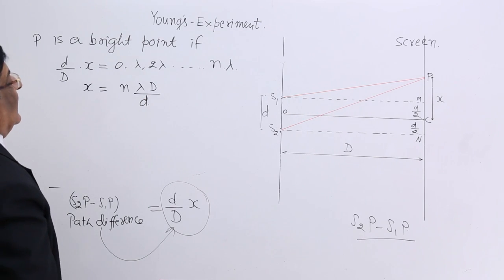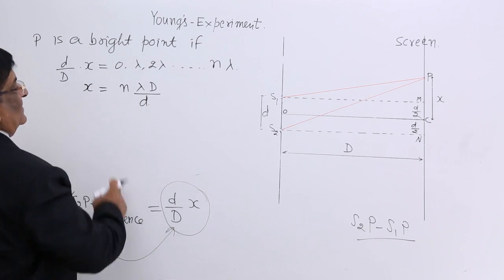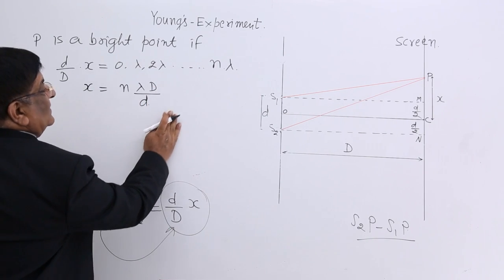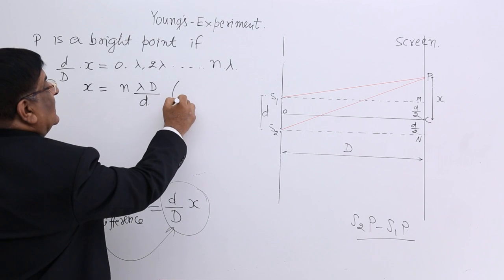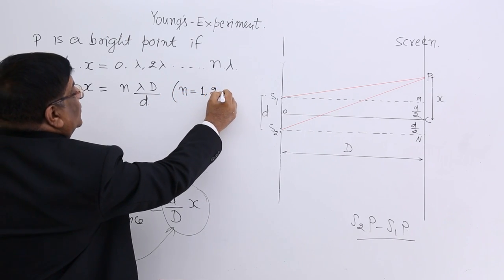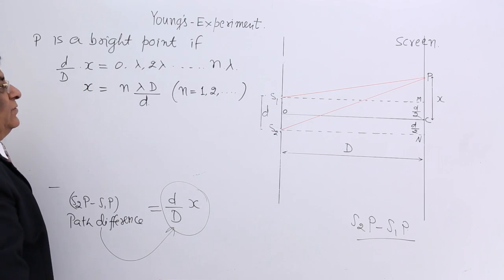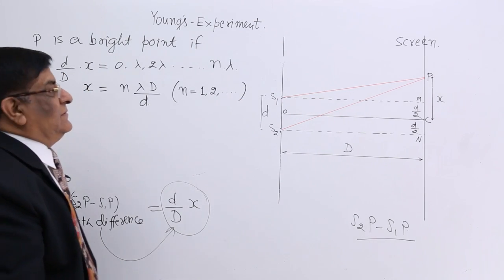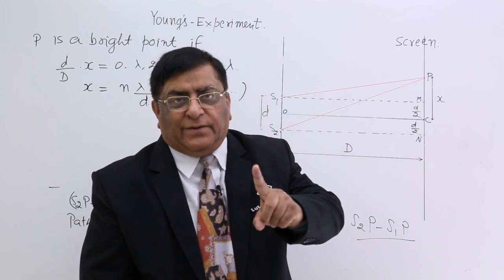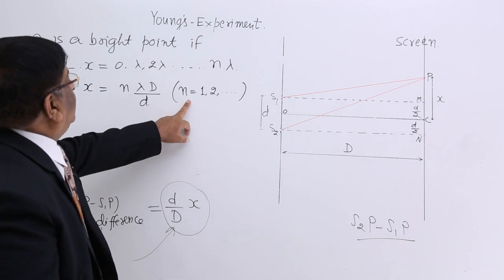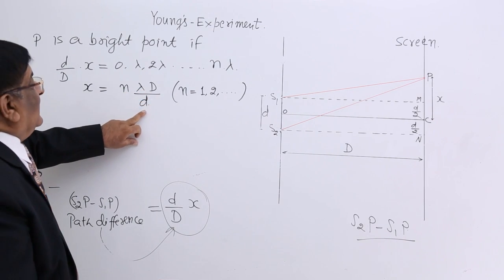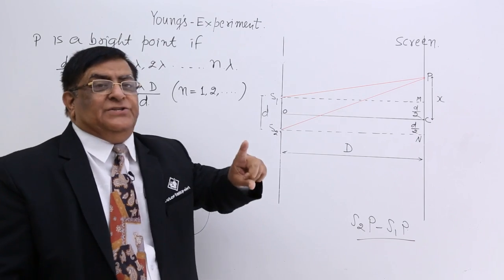And what is n? n is an integral number, and from where should we start it? We recommend that here we should start with n equal to 1, 2, 3, 4 and not from 0. Why? Because when we say n is equal to 1, then it is lambda D by d and we get bright fringe number 1.